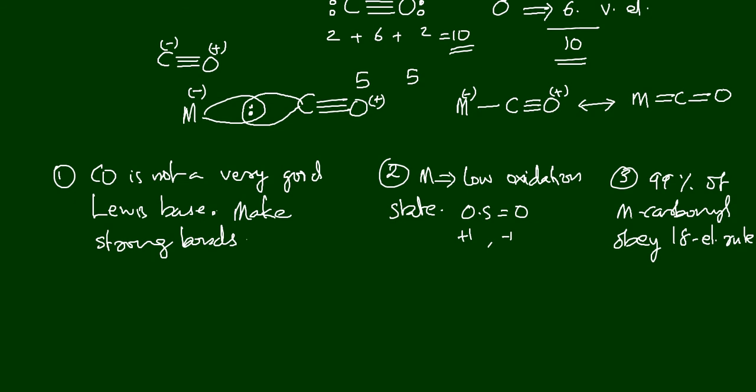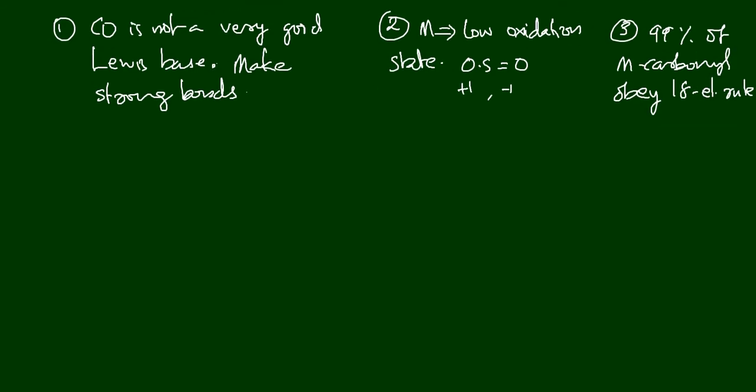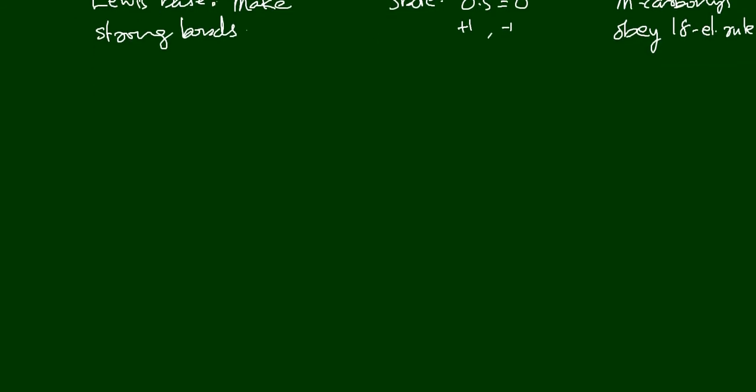Okay, now let us learn something more about the metal carbonyls. You can see different kinds of metal carbonyls. For example, you can see a type of metal carbonyl like M(CO)n. Here there is only one metal center.